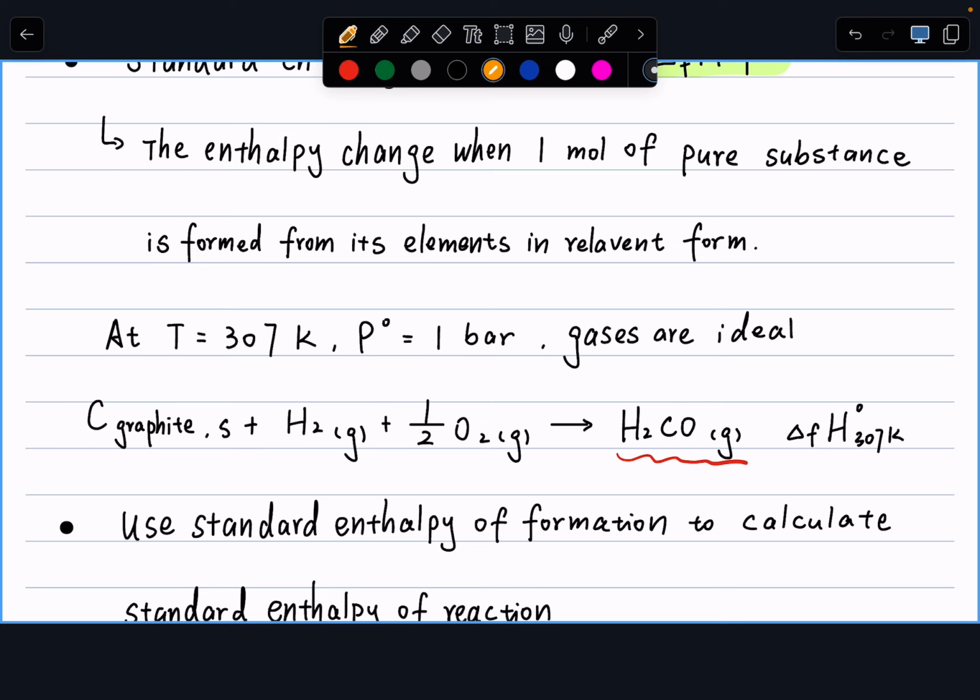The elemental form of your carbon is carbon graphite solid. Your elemental form for H2 is the gas phase, and your oxygen. It goes to form your formaldehyde.